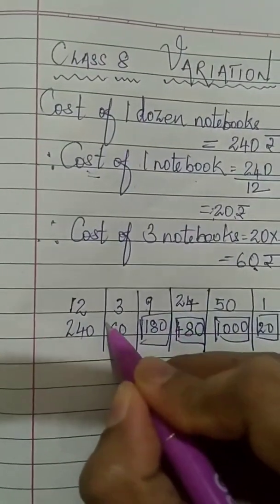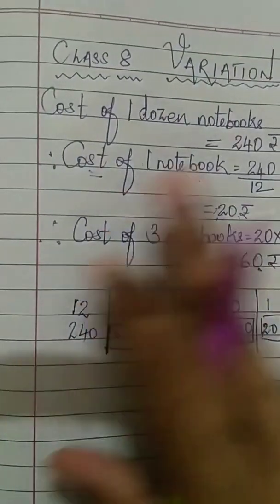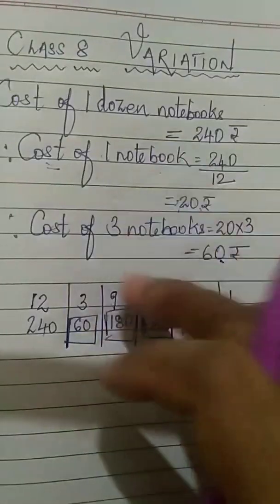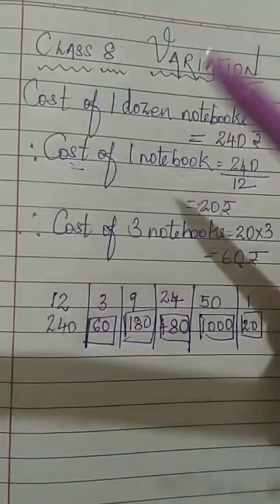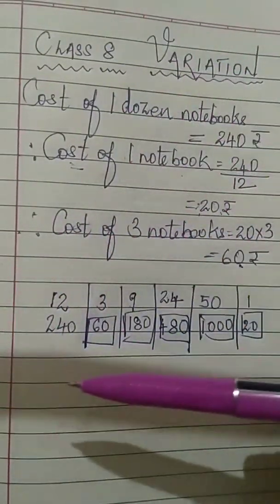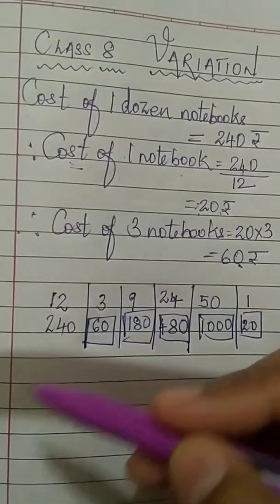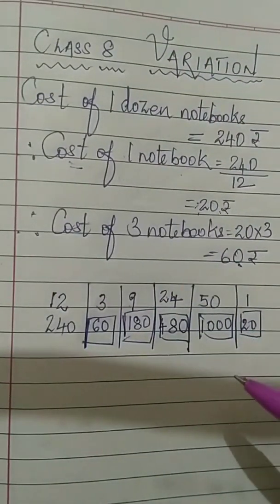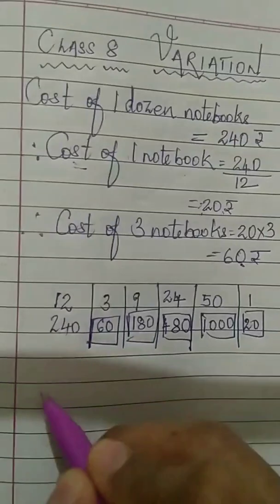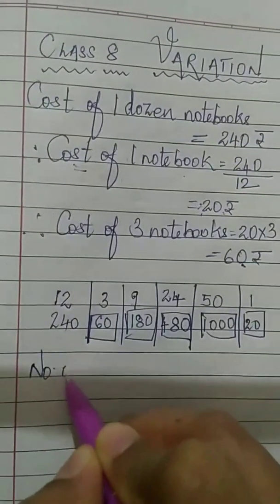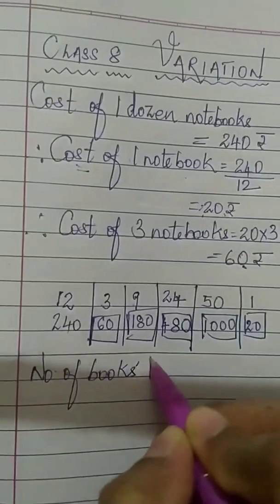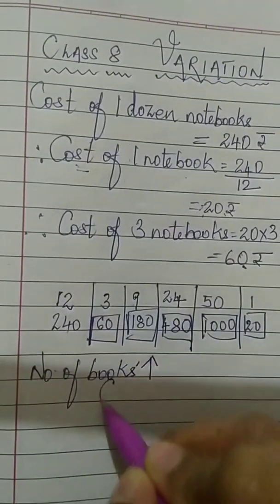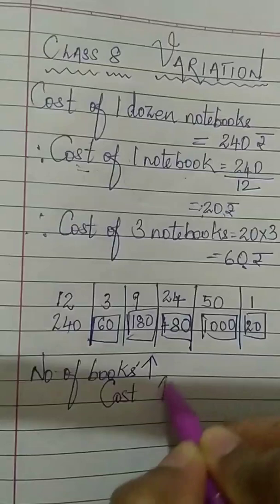Now we will form a relation for this question. This was your previous standard simple maths. Now we are coming to the chapter variation. How is this related to variation? As the number of books increases, the cost will also increase. Number of books increases, so upward arrow. The cost will also increase.